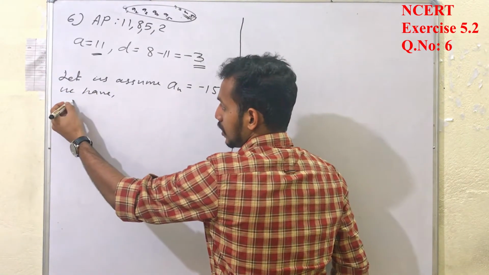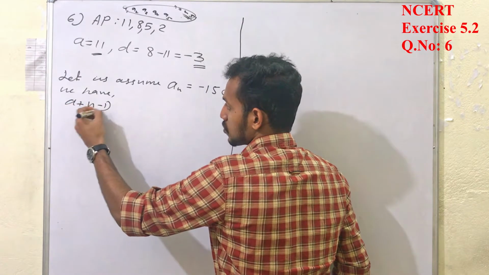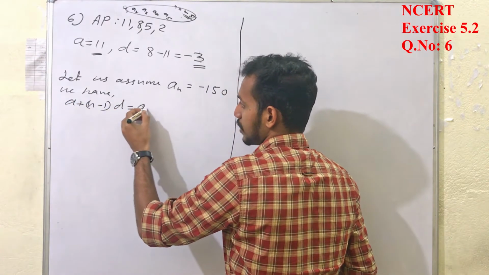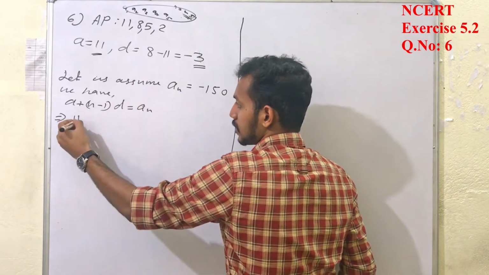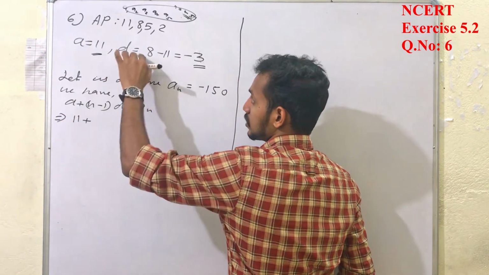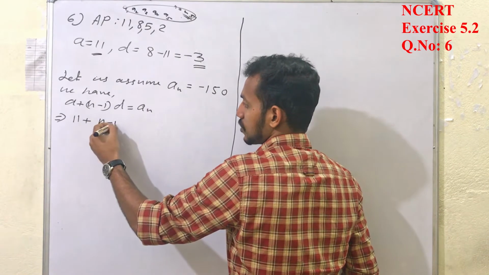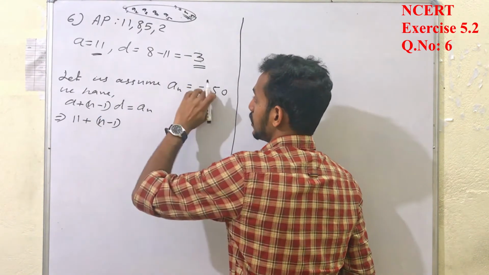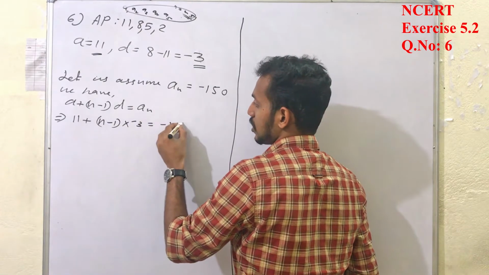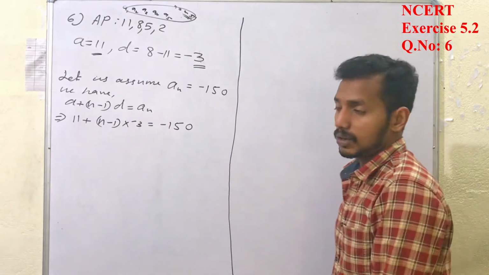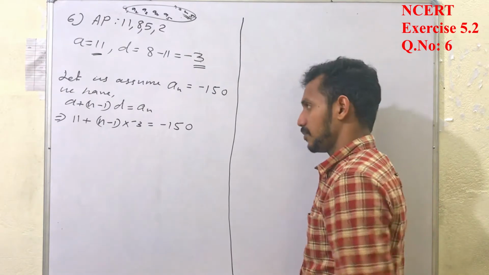That is a plus n minus 1 into d is equal to an. So a is equal to 11 plus n minus 1, we have to check whether, and d is minus 3, which is equal to minus 150. According to our assumption we are writing, okay.